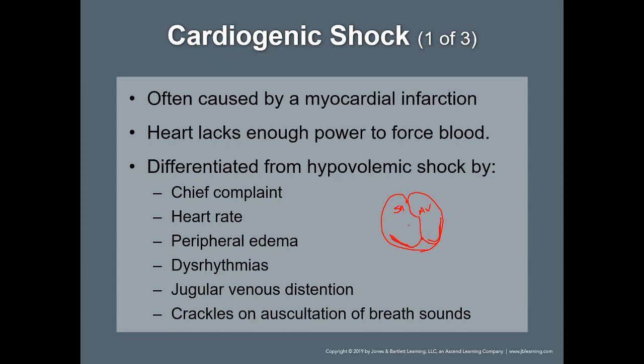Let's say we have a blockage or a dysrhythmia. So the heart here is not pumping exactly right because of a dysrhythmia. Now this heart muscle might be perfect. No damage, none. But if the electrical stimulus is off, it can make us fall into cardiogenic shock.